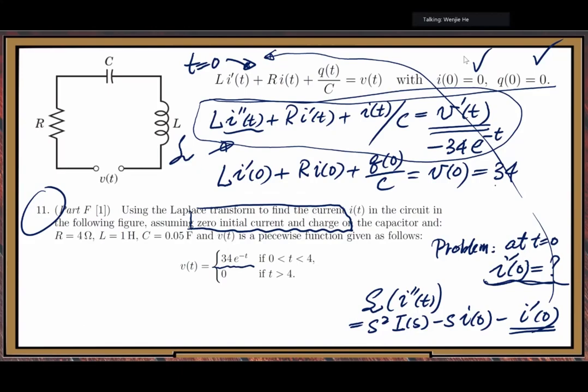The initial value I of 0 is 0, gone. L is 1. So we will get I prime of 0 equals 34. If you use that value, you will get a different solution, and it's not correct.